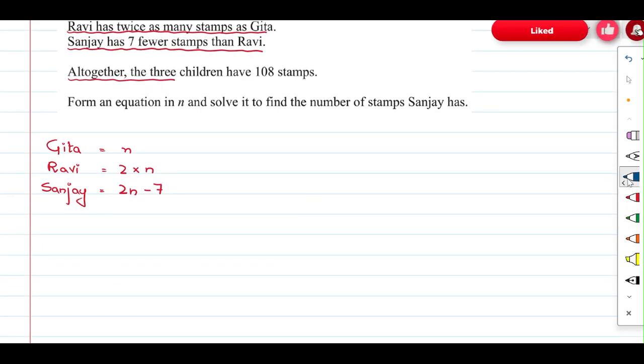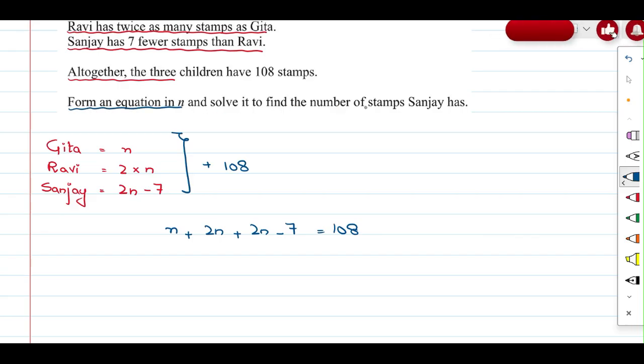So altogether, it means we need to add all of them and their sum should be equal to 108. Form an equation in n. So Geeta plus Ravi plus Sanjay, all together they have 108 stamps. This is the equation in n. Solve it and find the number of stamps Sanjay has.